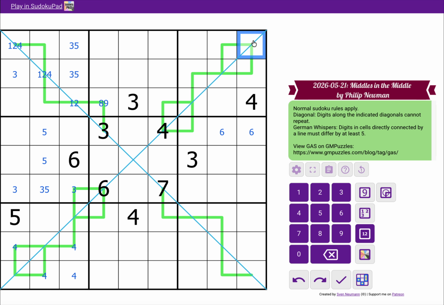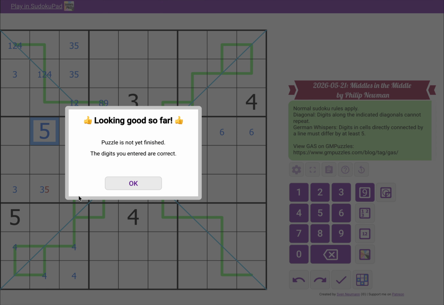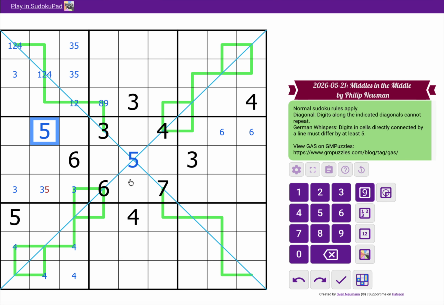And if you look here on this diagonal, right, we need to put a 5. But all these lines are on German whispers. And we can't put a 5 there. So the 5 has to be here, actually. The big 5. And I'm just going to, which puts this 5 here. I'm going to check this. Yeah, everything's fine.